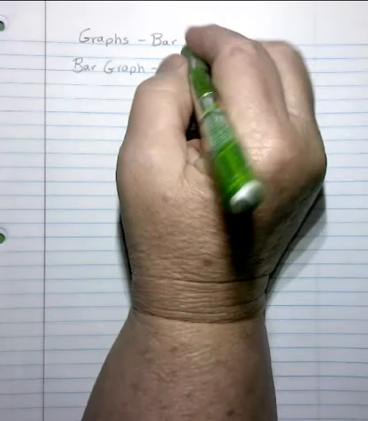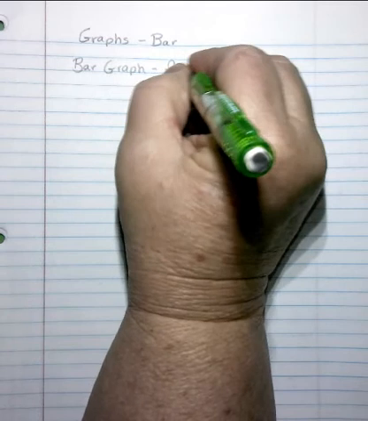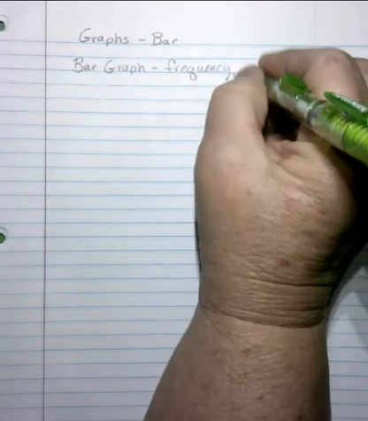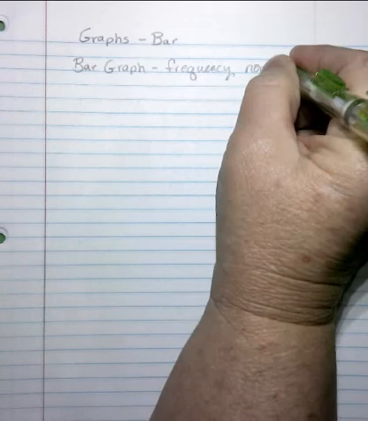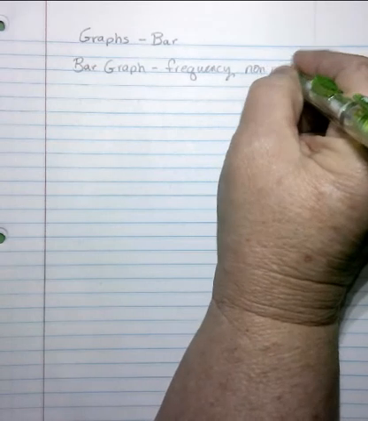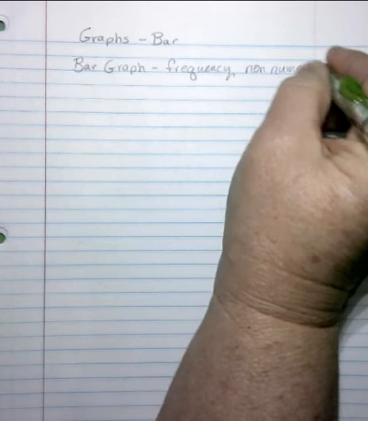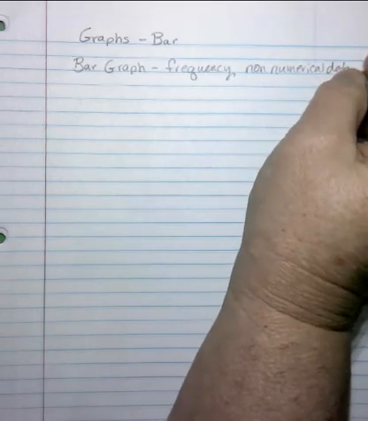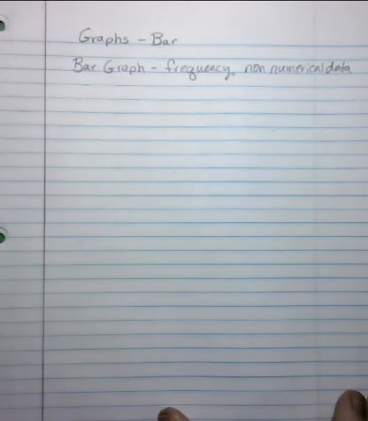It would be to show the frequency for non-numerical data. Typically, you would use things that you wouldn't put in a histogram in a bar graph.